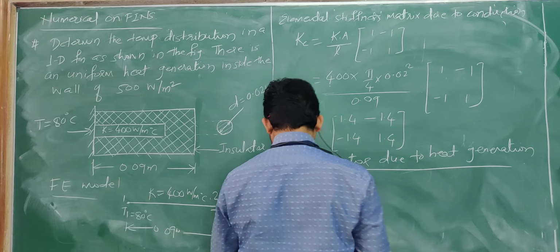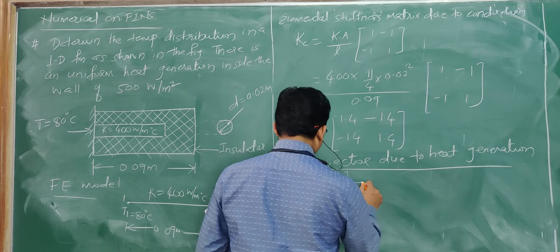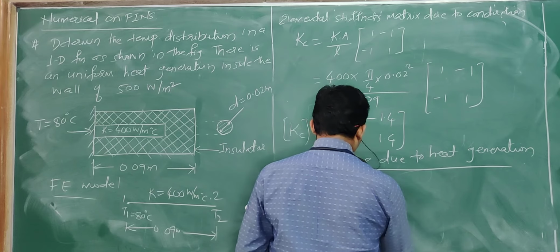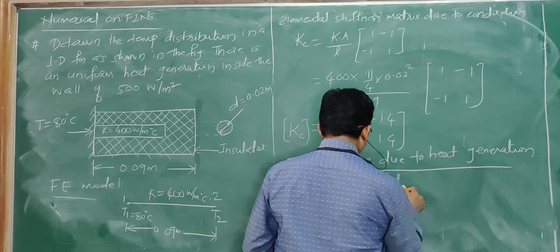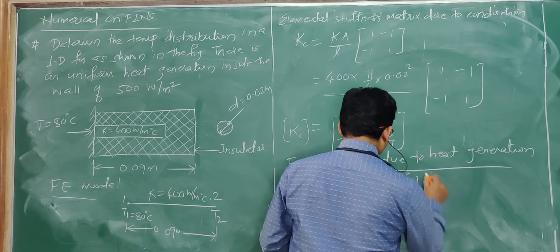That is given as, already we have derived it, F q bar, because it is per unit area, which is given as A into q bar into L divided by 2 times [1; 1].